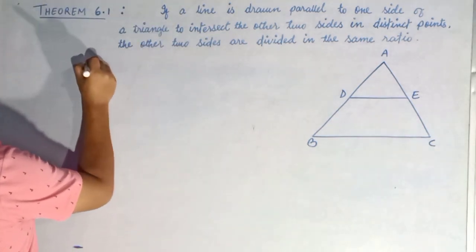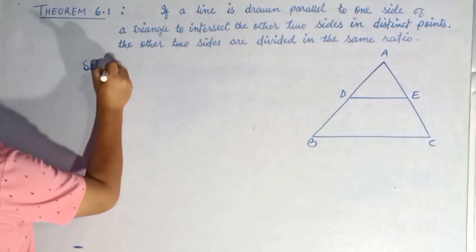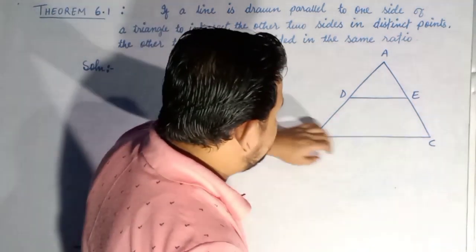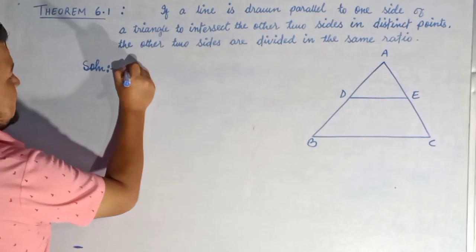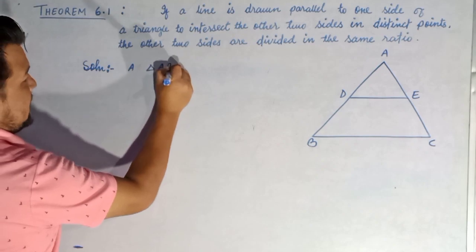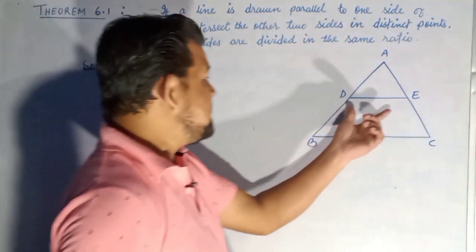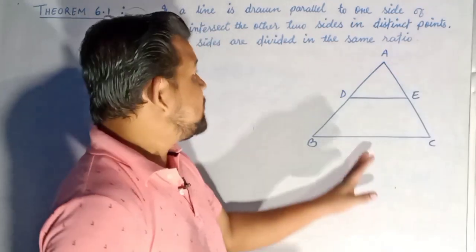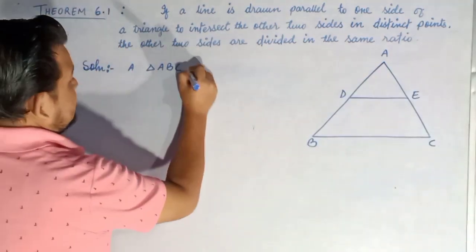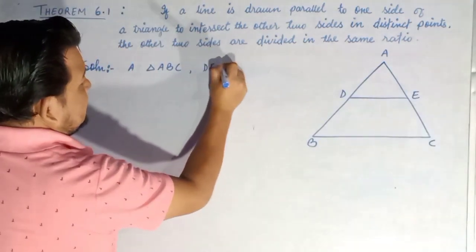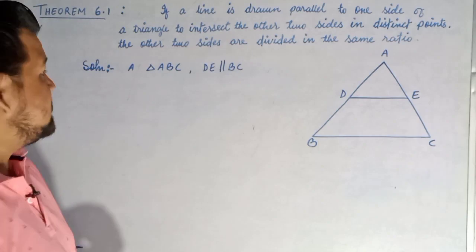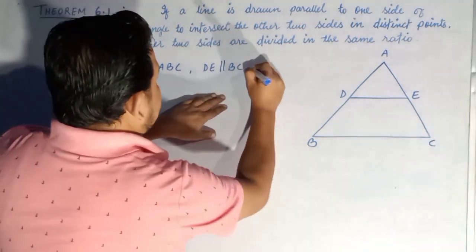Solution. Here triangle ABC is given to us, in which DE is parallel to BC is already given to us. So let us write here, given: DE is parallel to BC.